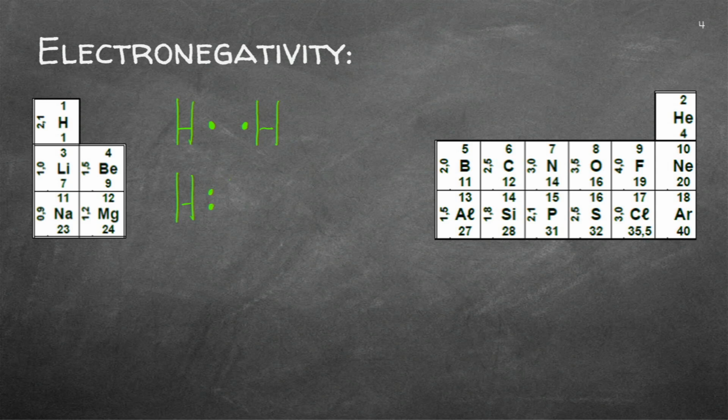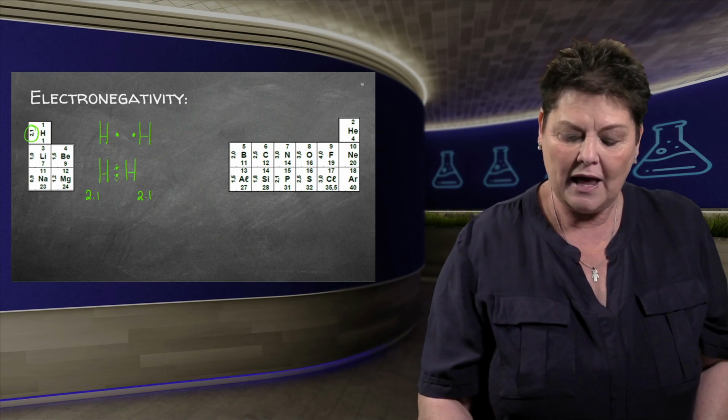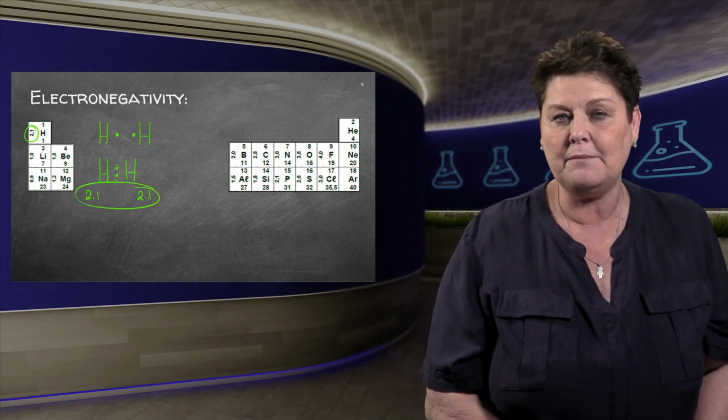And now the question is, which one of these will win this match to get those two near to it? Well, if it's 2.1 to this side and 2.1 to that side, none of them will win. It will be an atom and an atom forming a molecule, and both of them have the same ability.